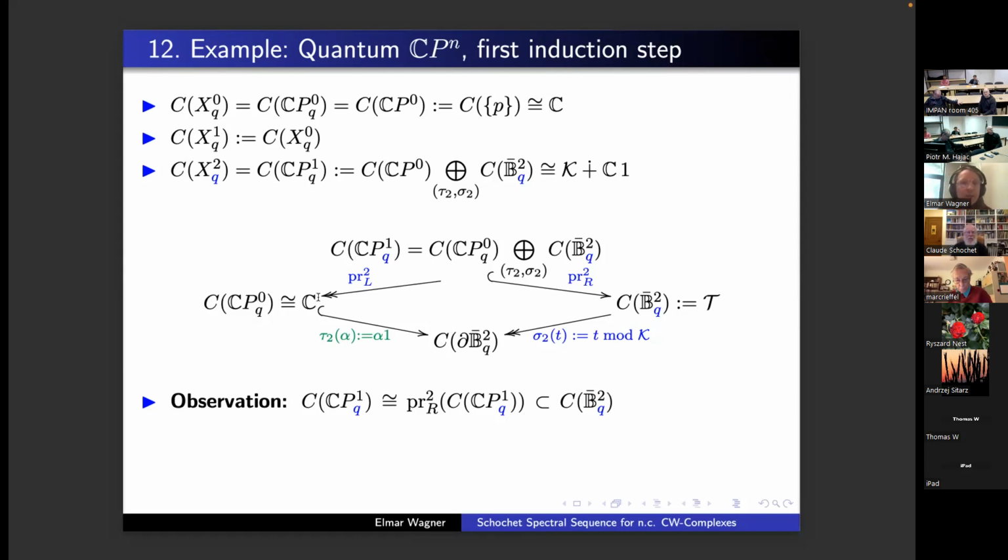CP0Q was just a single point, and I take this 2-pole as a Toeplitz algebra, and I have to glue these things. Now here, since it's a C, there's only one morphism. I can take this number alpha to alpha times 1, and 1 goes to 1, the unit homomorphism, and I define the CP1 as a pullback of these two morphisms.